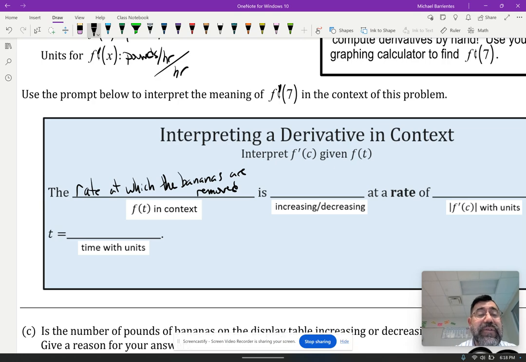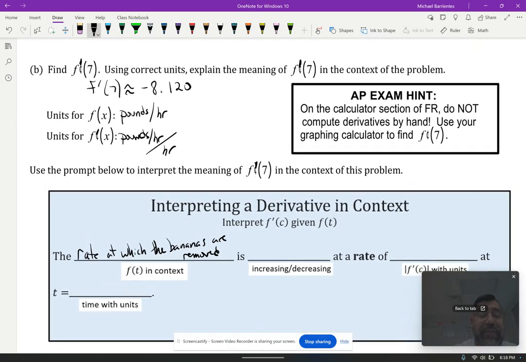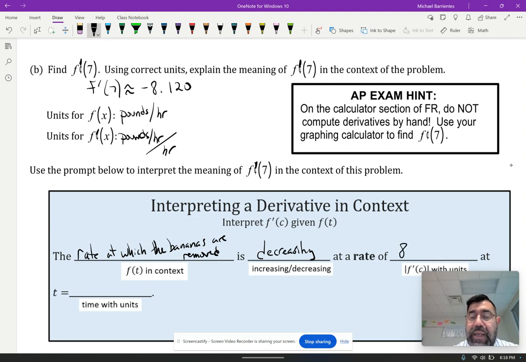is it increasing or decreasing? Well, I see that's a negative answer. So it's decreasing at a rate of, what is the actual number? 8.120. What are the units of the derivative? Well, we said the derivative of f was pounds per hour per hour. So I'm going to say pounds per hour at what moment in time did we use?